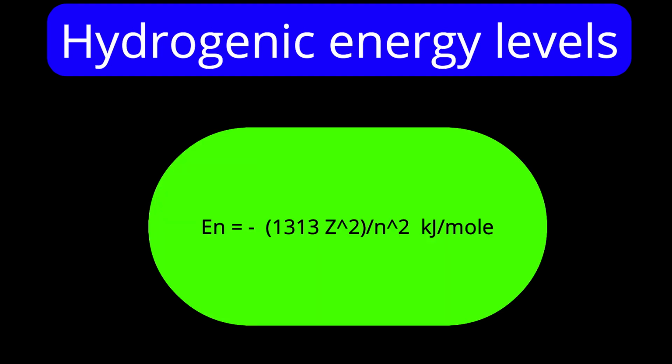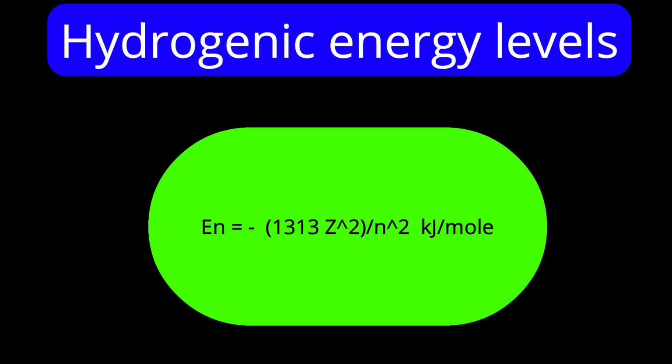What was the formula used to find the energy as per Bohr's model? Energy for nth orbit, En, is equal to minus 1313 Z square upon n square, where n was the orbit number. The same formula we will use and we will find energies for various shell numbers, various principal quantum numbers, right from 1 to infinity, in terms of kilojoule per mole.